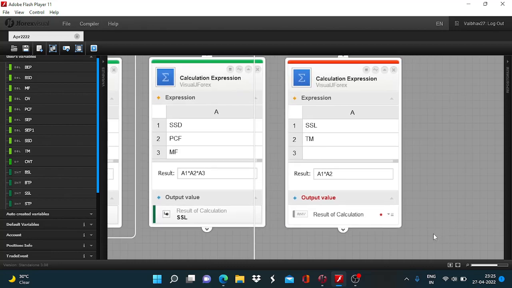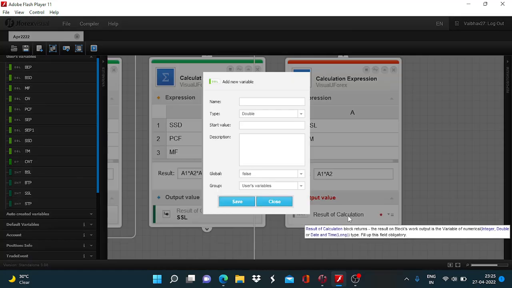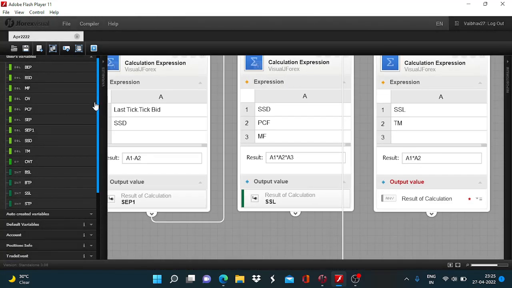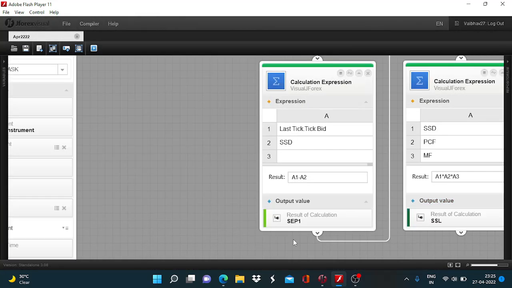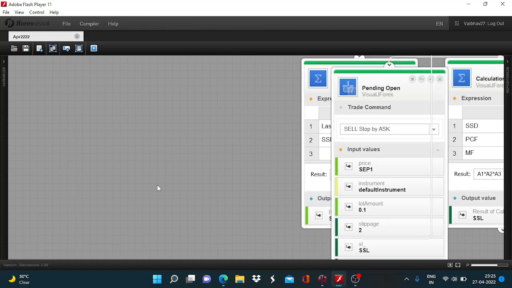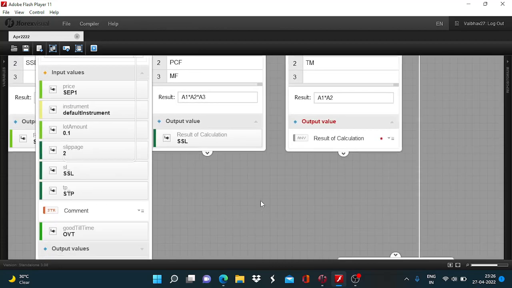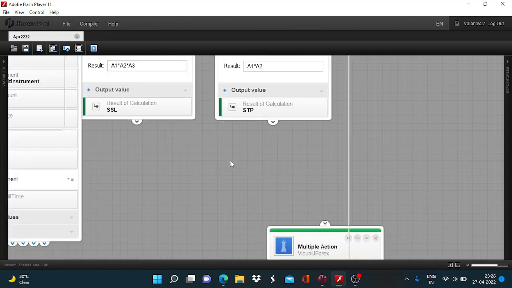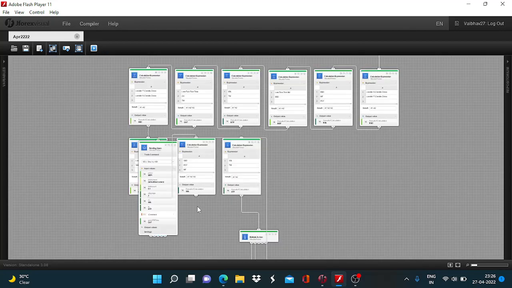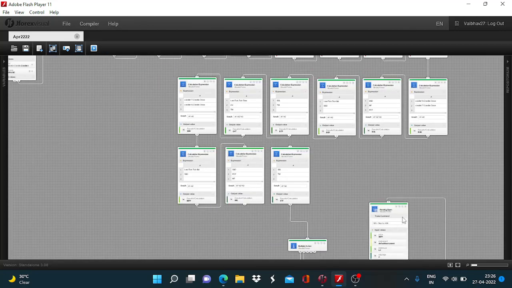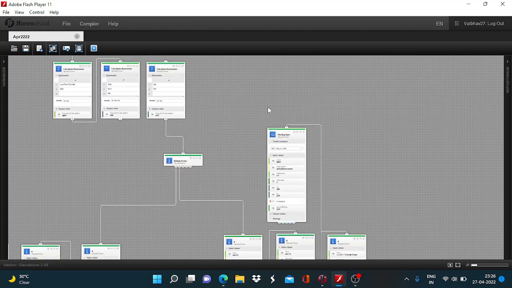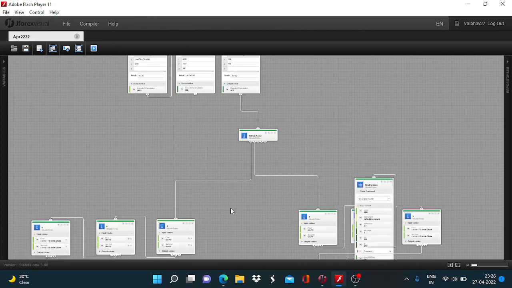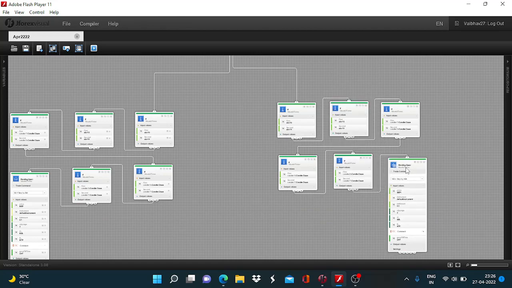And this will be, oh, we had already created this variable, sell take profit, and that's it. So with this, we have defined all the required parameters for the execution of the sell trade.